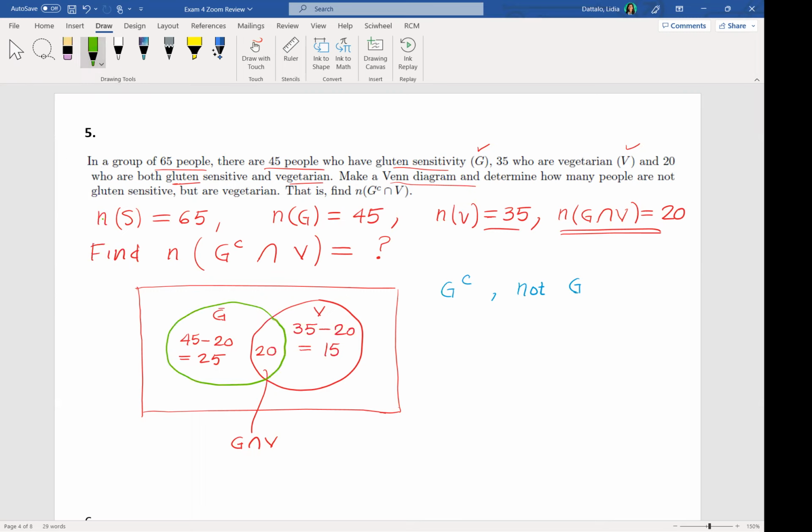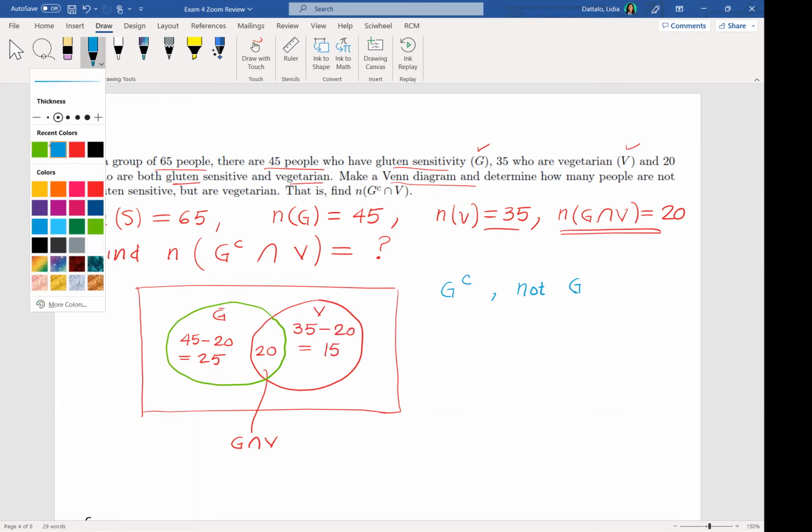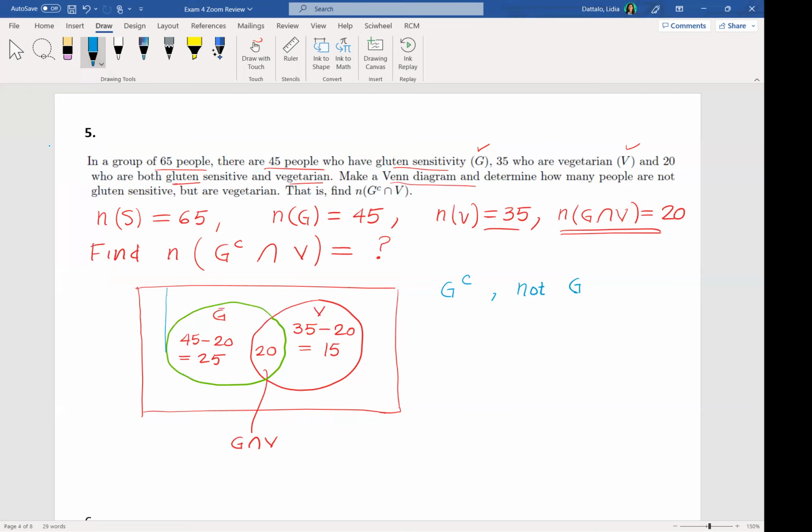There we go. Okay. So not G is going to be blue. Well, not G means everything outside the green circle. Good enough.